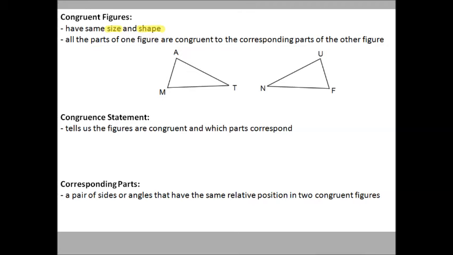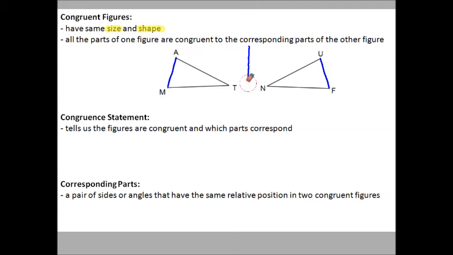So let's look at these two congruent triangles, and please note that the shortest side of this triangle is on the left and the shortest side of this triangle is on the right. They don't have to be in the same orientation. These two triangles have been created by reflecting one over this vertical line.